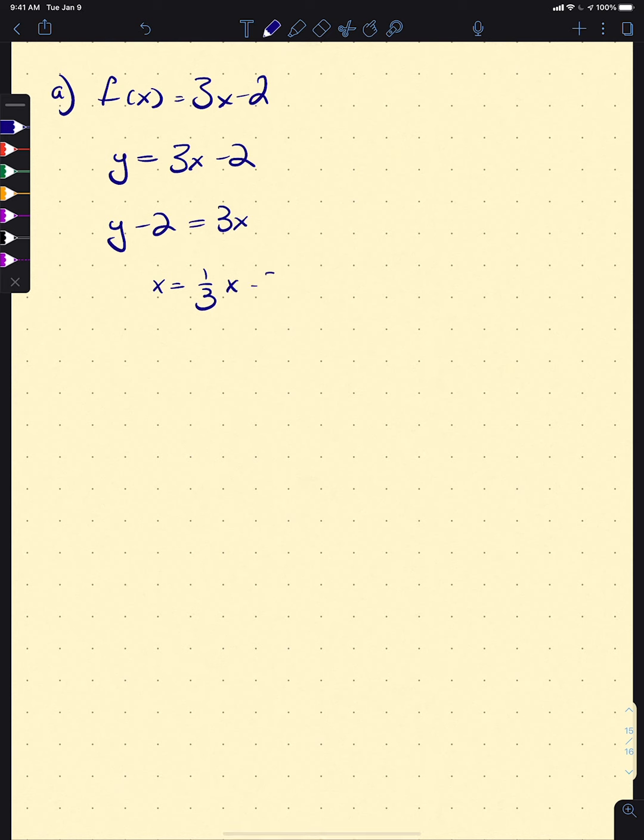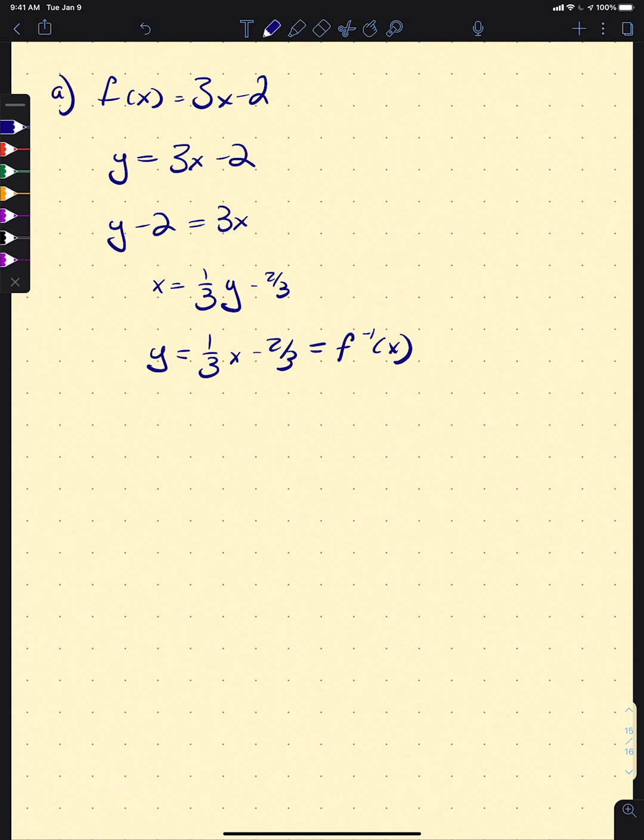We'll get x equals 1/3 y minus 2/3. But now, funnily enough, if everywhere I see an x I write a y, and everywhere I see a y I write an x, we get the equation y equals 1/3 x minus 2/3, and this is indeed the inverse function of f.